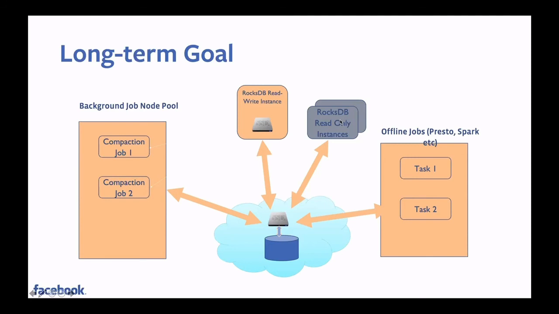That's one point. Another point is, in the past, when we wanted to analyze the data of this RocksDB instance, we needed to do a scan and dump out all the data, something similar to ETL in the data warehouse.